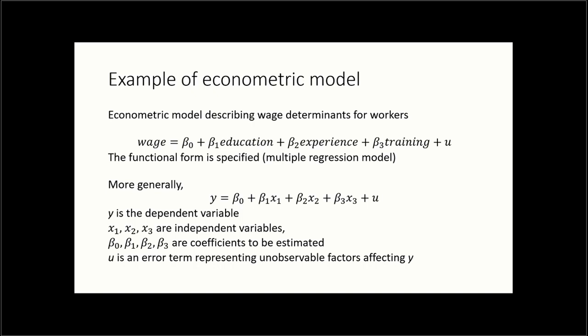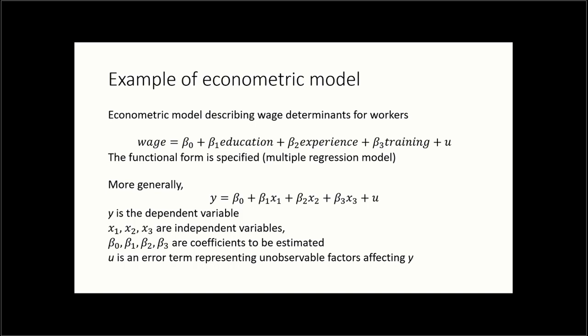Here, y again is the dependent variable that we're trying to explain. x1, x2, and x3 are independent variables. Beta 0, beta 1, beta 2, beta 3, these are the coefficients that we will be estimating with the econometric model. And u, that is an error term that represents all the unobservable factors that affect our dependent variable y.